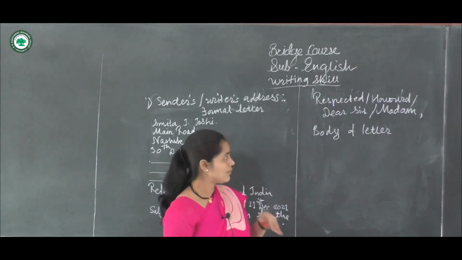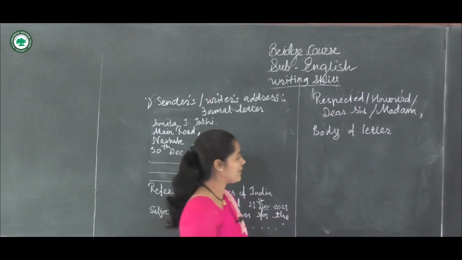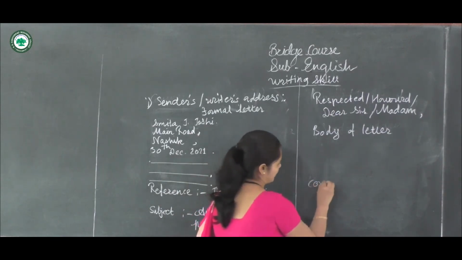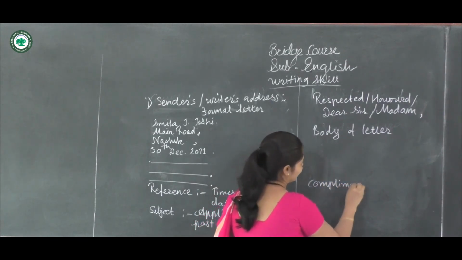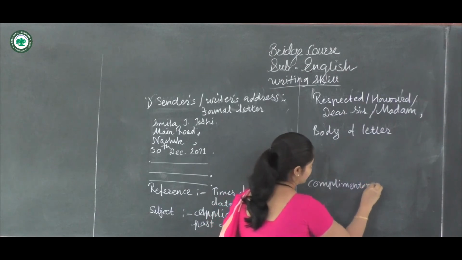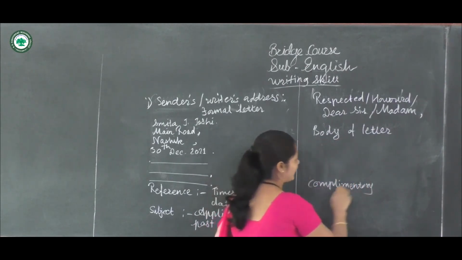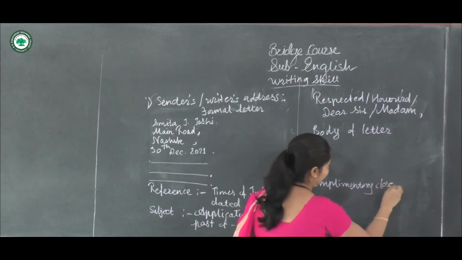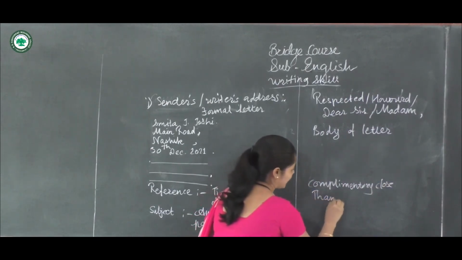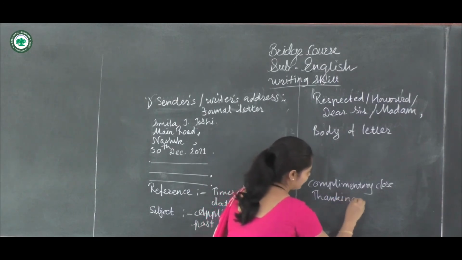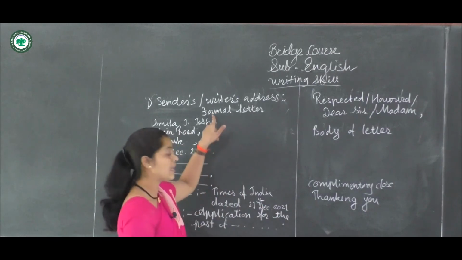Then lastly comes the complimentary close. What do you mean by complimentary close? I am going to write it, but you do not write these points in the examination. Complimentary close is what we call, lastly, thanking you, because it's a formal letter.